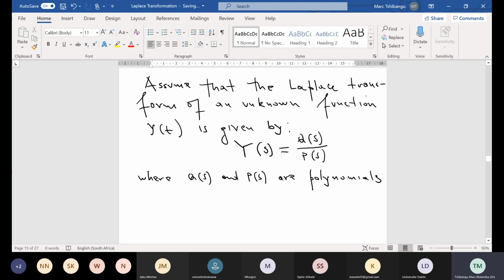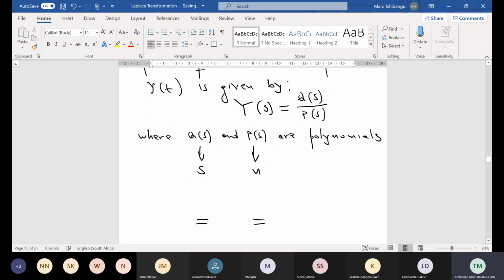These are polynomials of different orders. We could say Q of s is of order m, and P of s is of order n. In addition, P of s is called the characteristic equation.